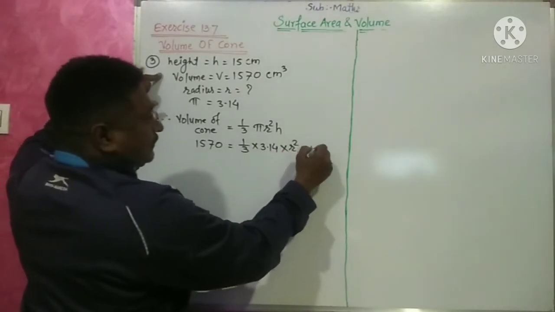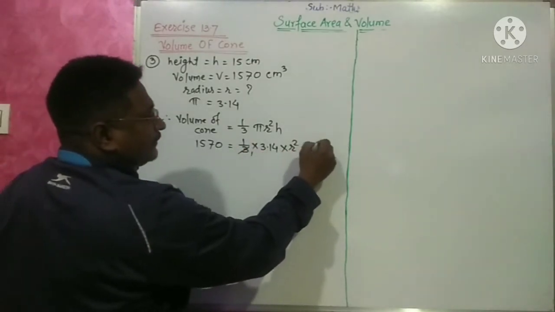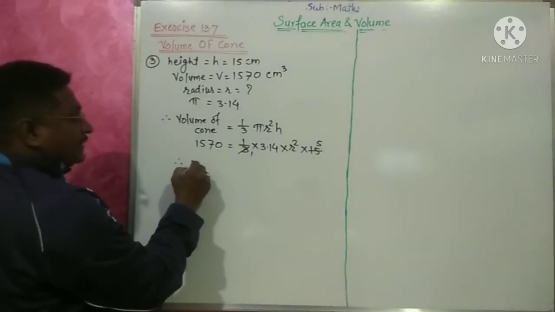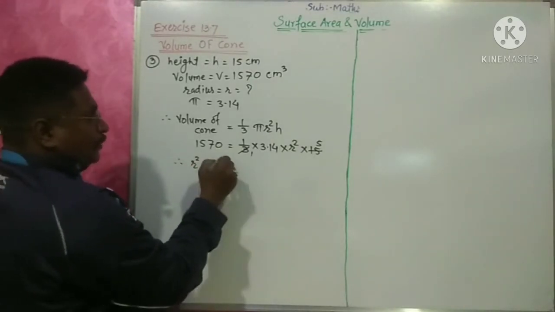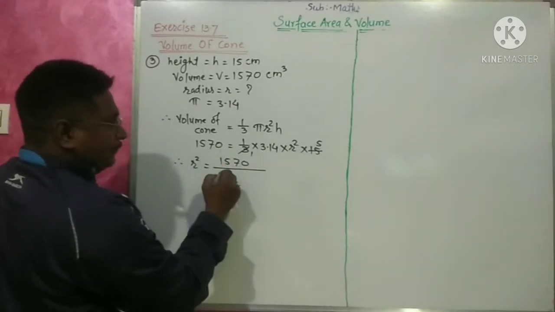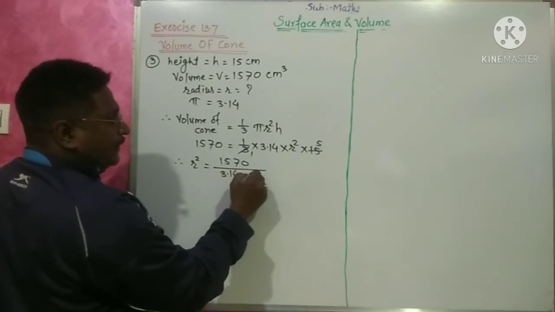H is given 15. So 3 ones are 3, 3 fives are 15. Therefore r square equals 1570 by 3.14 into 5.